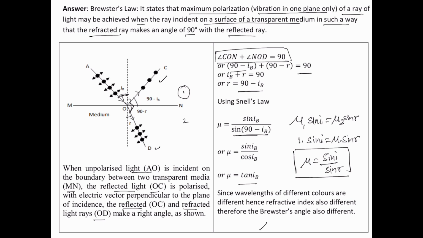So mu is equal to A plus B by lambda square. This is how wavelength and refractive index are related. If the wavelength is different, then the refractive index is different, and if the refractive index is different, then IB will be different. So this is what we have to prove, correct?